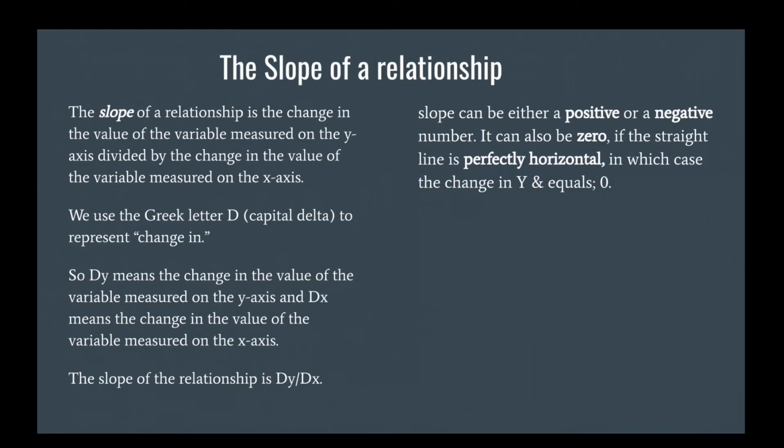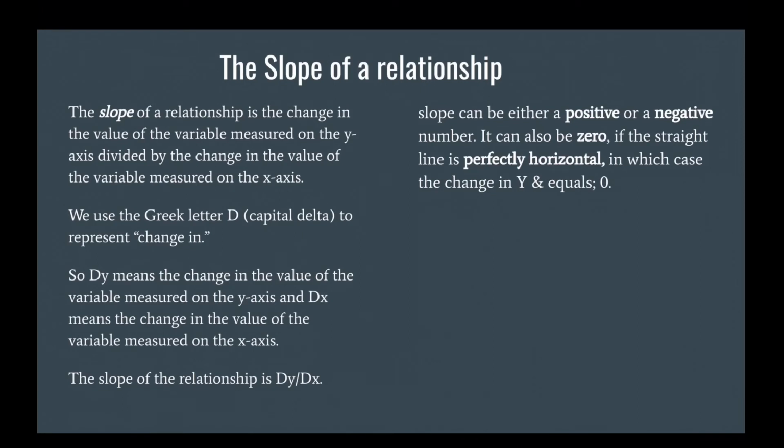Let's study something about slope of a graph. A slope of a relationship is the change in value of a variable measured on the y-axis divided by the change in the value of a variable measured on the x-axis. So a slope measures change in y over change in x. It means how y changes to the changes in x, because x is an independent variable whereas y is a dependent variable.